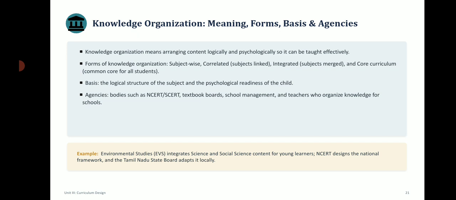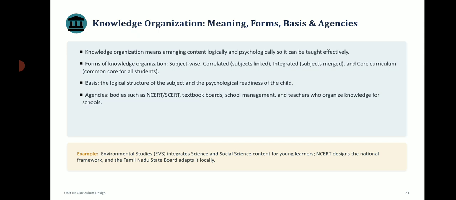There are advantages for the spiral curriculum: content learned in the previous year and the subsequent years are interrelated. The students can go deeper into the subject when their age increases, and newer ideas and contents are built upon the basic ideas and content. So the spiral organization is one method of knowledge organization.